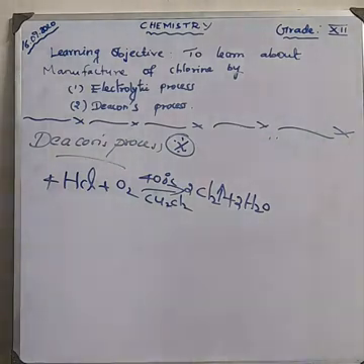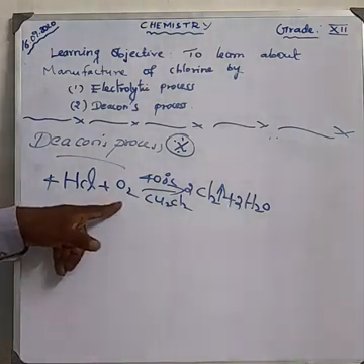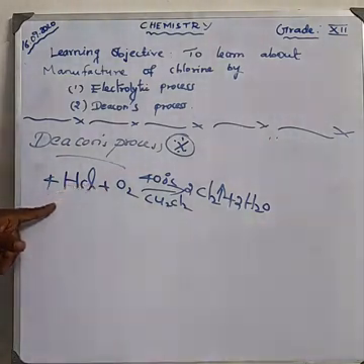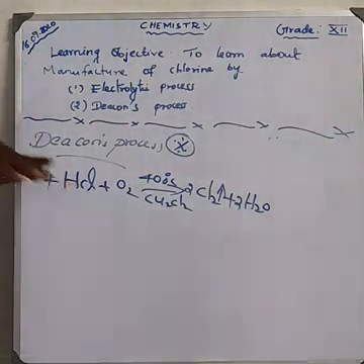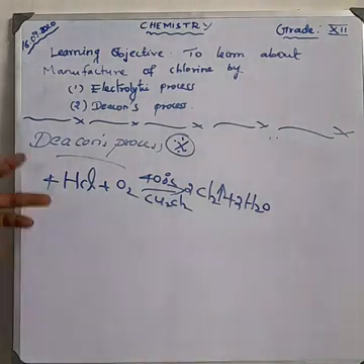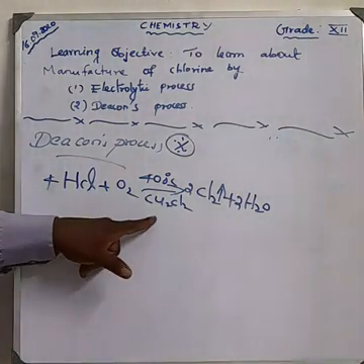Okay. In this process, a mixture of air and hydrochloric acid is passed through a chamber. Listen all of you. The chamber contains a number of shells, and pumice stone is soaked in cuprous chloride.